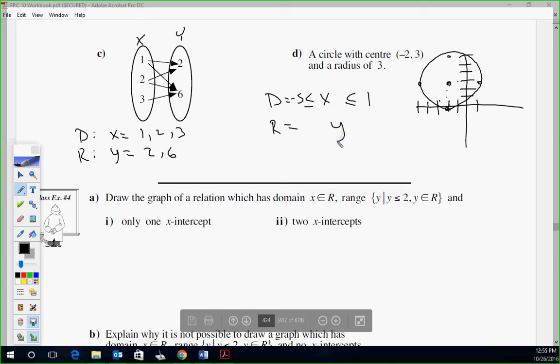My range will be 6 to 0. Okay. Almost done. You guys are doing good. Any questions on that?